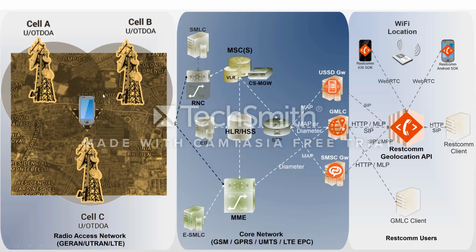So let's say here a subscriber sends a USSD message destined for Restcomm Connect, like pound 543, and it goes to the MSC, because let's assume that although the user equipment is given radio access from LTE, it makes a circuit switched fallback to GSM.